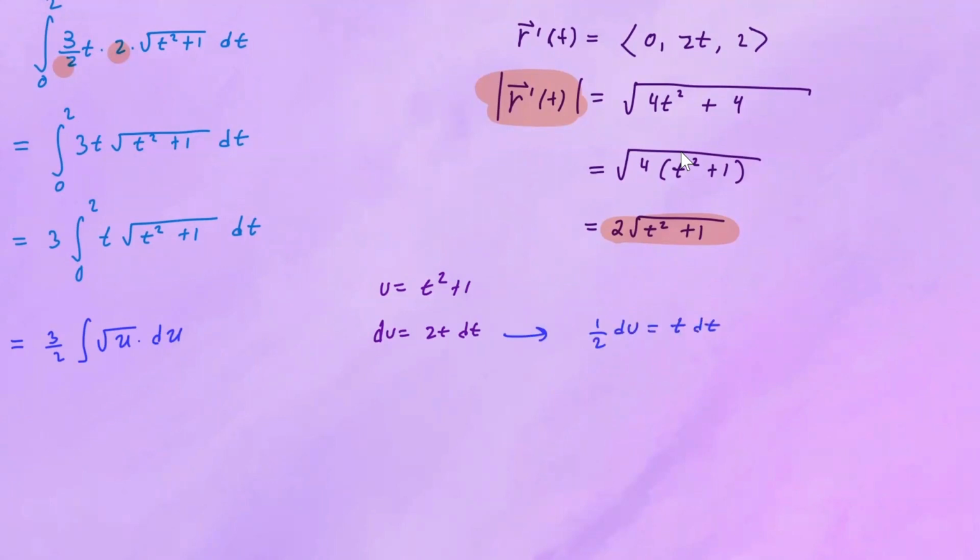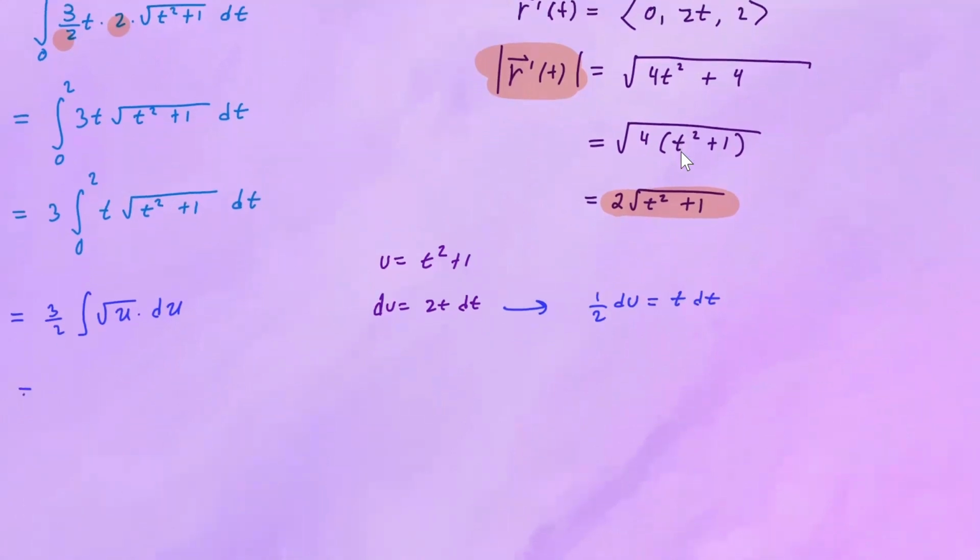And I also pulled a half out from the integral. Now let's finish up the integration. This is 3 over 2 times u to the power of 1/2, and then use the power rule of integration. So this will be u to the power of 3 over 2 divided by 3 over 2, which is the same thing as multiplying by 2 over 3, plus c, of course.